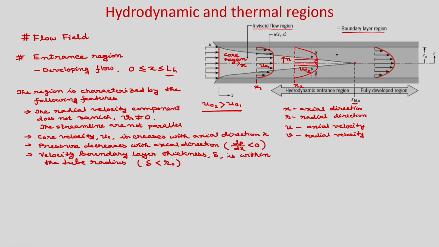Once this boundary layer reaches the central line and merges, there will be no further growth of this hydrodynamic boundary layer. If there is no growth, then your boundary layer thickness will be r naught in the fully developed region, and your axial velocity u will not vary with x.